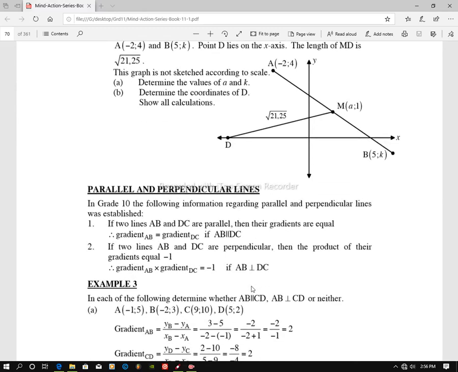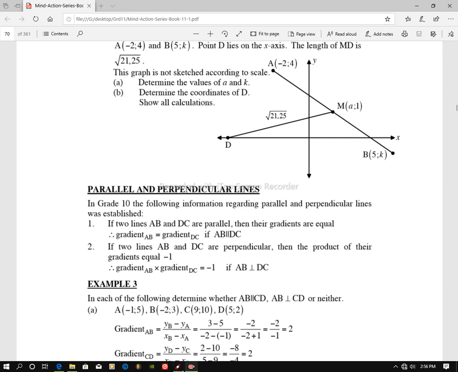Another thing we must know, let me read the statement. In grade 10, the following information regarding parallel lines and perpendicular lines. If two lines AB and DC are parallel, then their gradients are equal: the gradient of AB is equal to the gradient of DC.